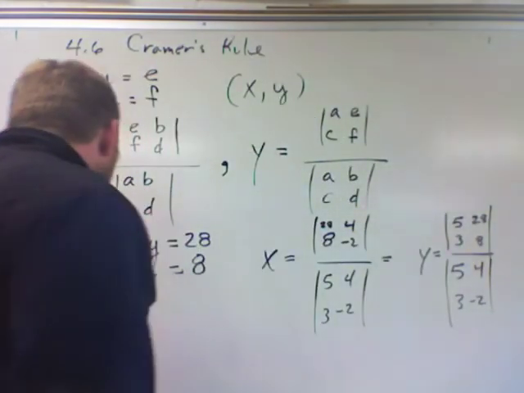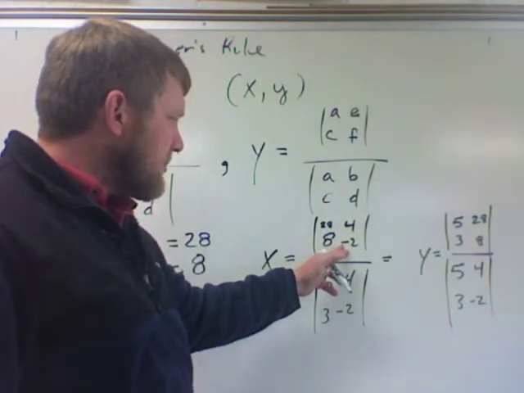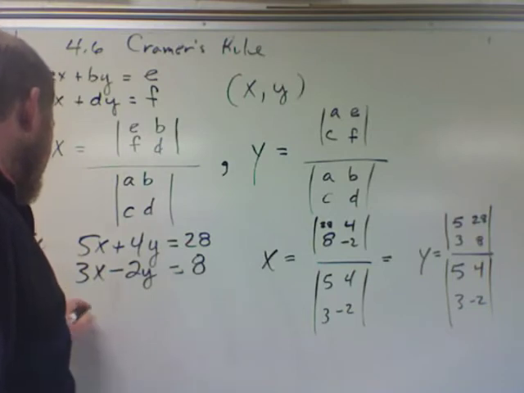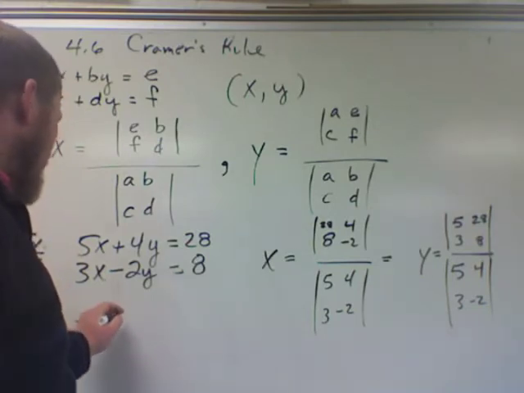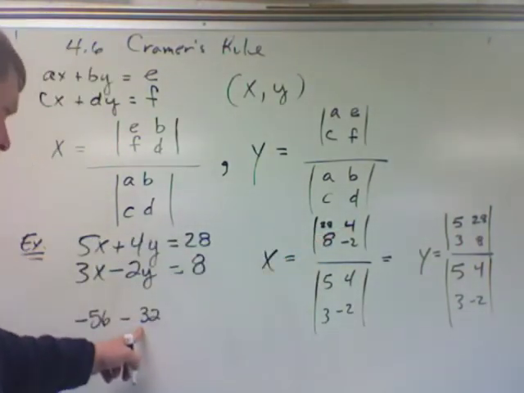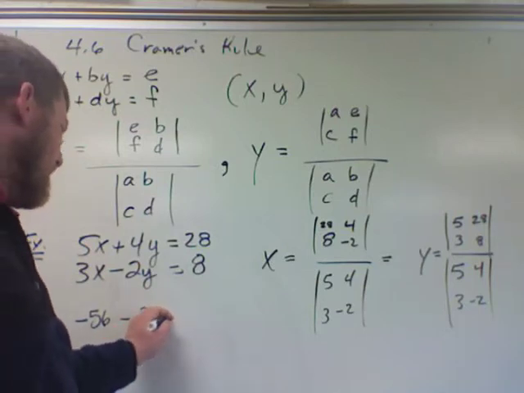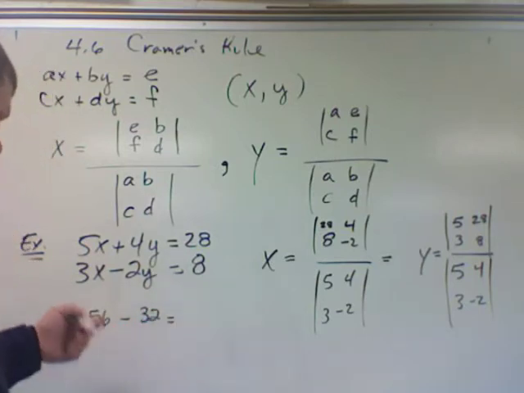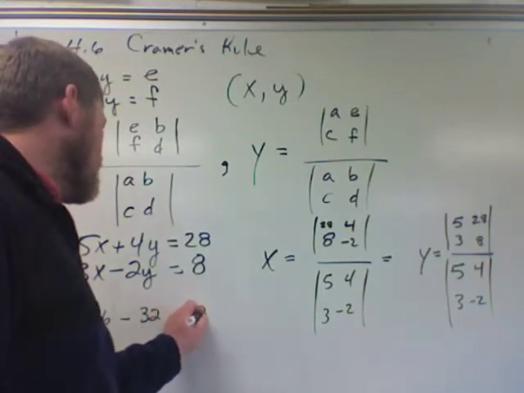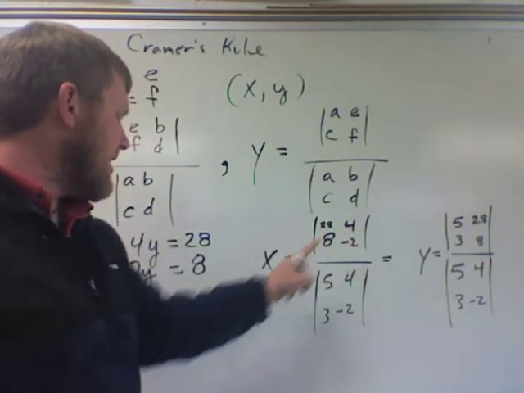For my x coordinate, I'm going to have 28 times -2, which is negative 56, minus 32, because 8 times 4 is 32. So on top I get negative 88.